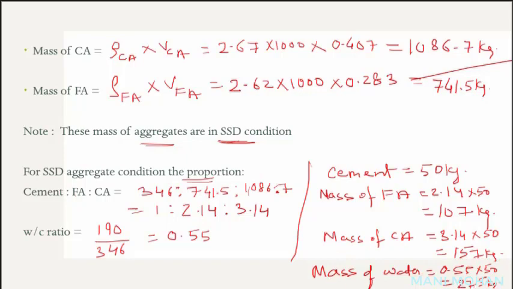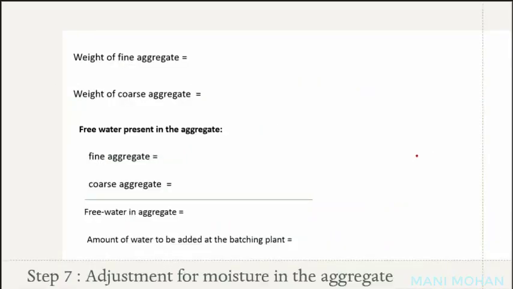Now there is one more step, that is adjustment for moisture in the aggregate. As we know, the aggregate is having surface moisture as well as absorption. Now this has to be adjusted in the fine aggregate, coarse aggregate mass, as well as the water has to be also modified according to the moisture which is being present in the aggregate.